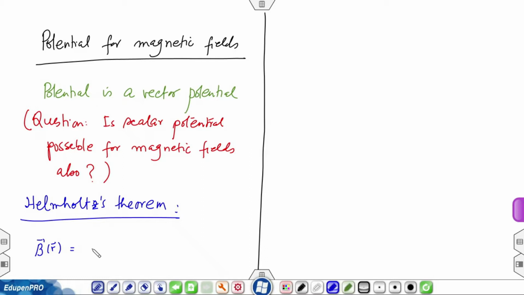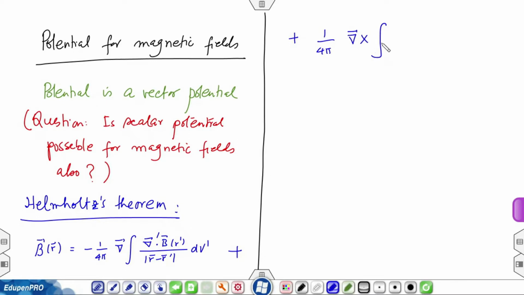So Helmholtz's theorem says that the field can be determined completely if its divergence and curl are known, and the way it is given is minus 1 over 4 pi grad of the integral of divergence of B at r prime over |r minus r prime| dV prime, plus 1 over 4 pi curl of the integral of B at r prime over |r minus r prime| dV prime.